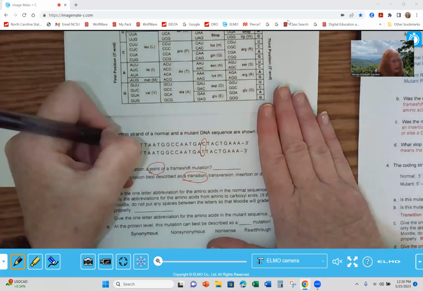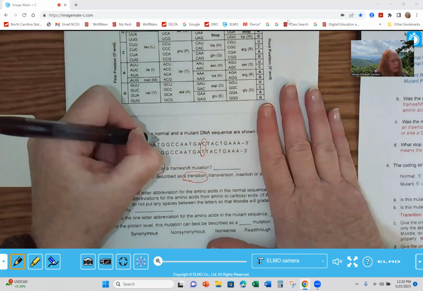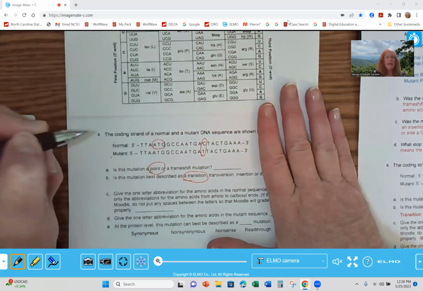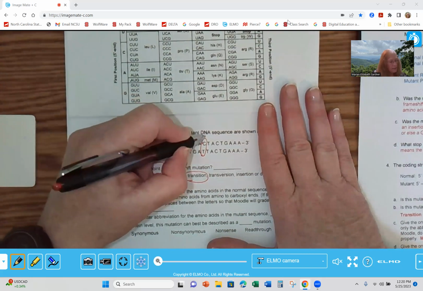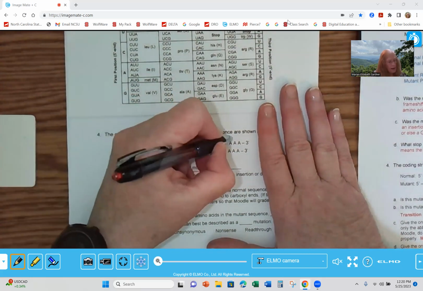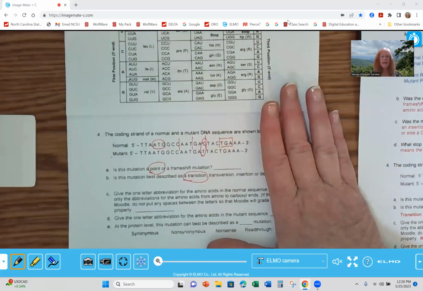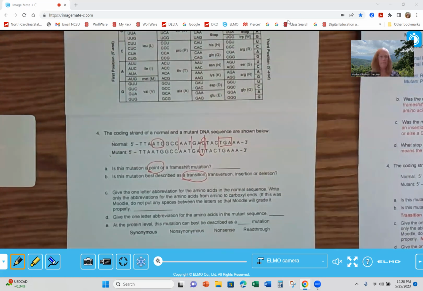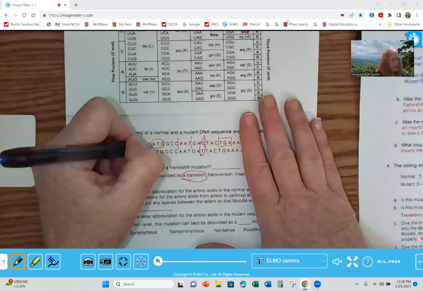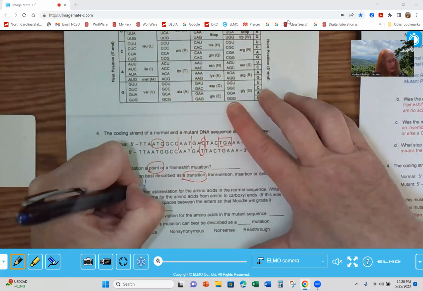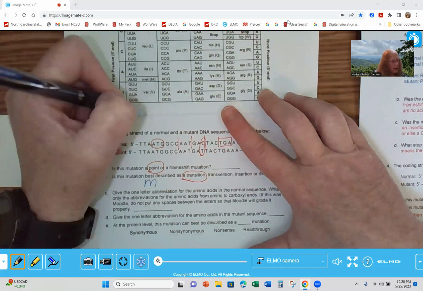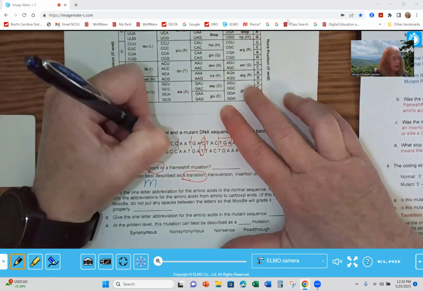So our normal, we start at the 5' end, find our first start codon, ATG, and then break things into codons. And there's a stop. TGA is like UGA. ATG codes for methionine. So the first letter is M. GCC.